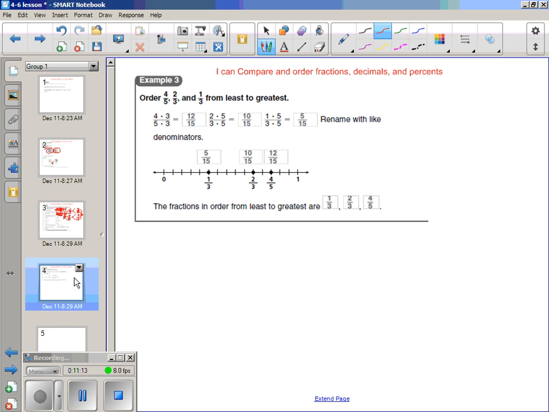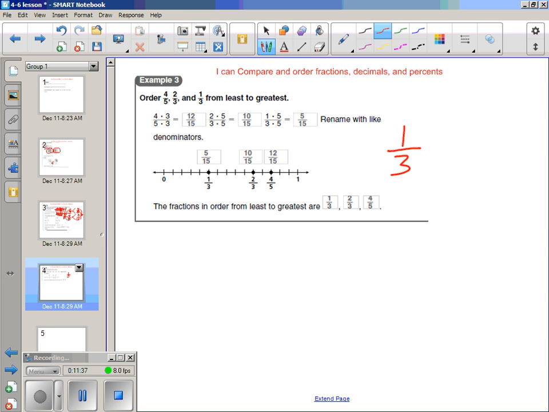Okay, so this one's greater than 1/2. Is 2/3 greater than 1/2? Yeah. Is this one greater than 1/2? No, it's less than, right? So if we're going from least to greatest, I know 1/3 has to be first because the other two fractions are greater than 1/2. Now all I have to do is compare the other two, right?